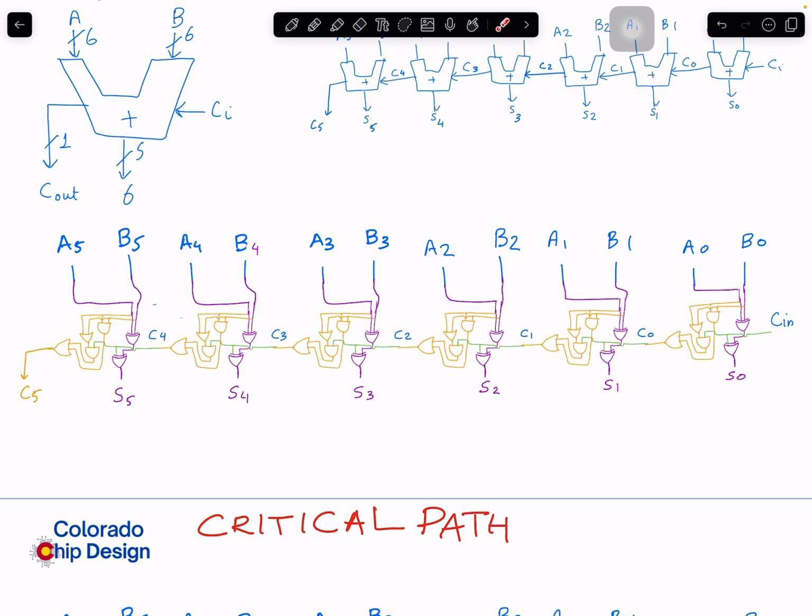So each stage has to wait for the carry from the previous stage. The sum also takes some time through this, but once the inputs are present, after this delay the sum will be available there.